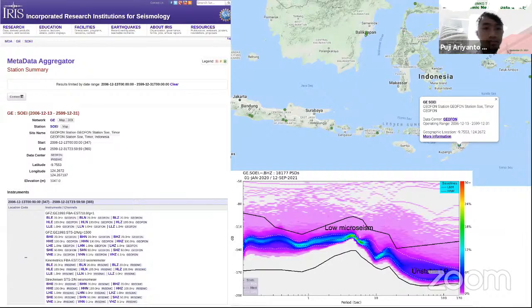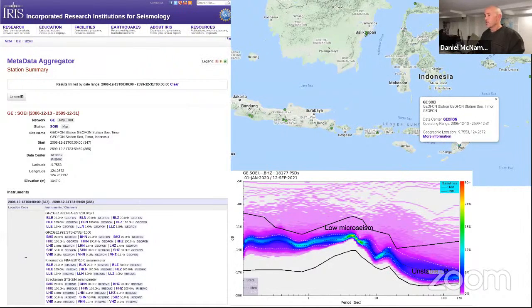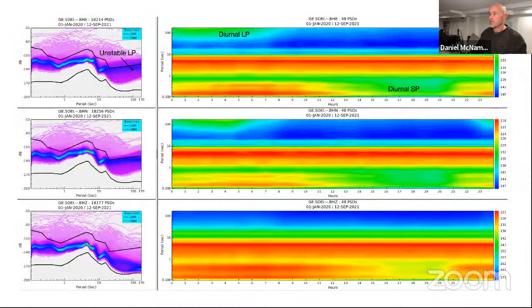Thank you. Okay, back to this station, SOEI. This one is fairly typical. It has pretty high noise, unstable long period, even on the verticals. So this one is particularly noisy at the long period, even visible on the vertical.